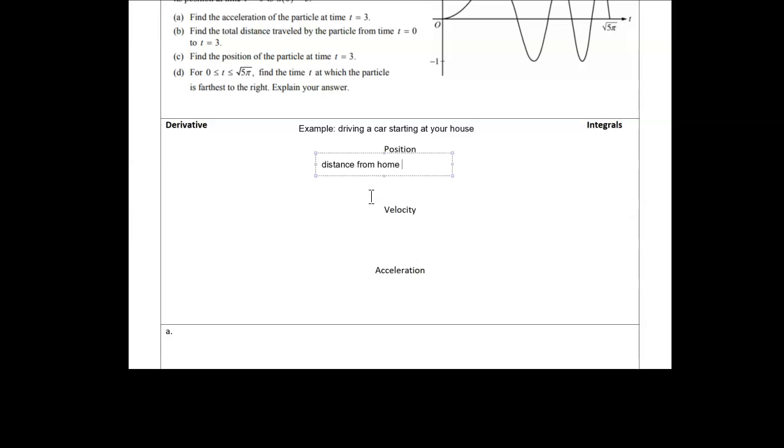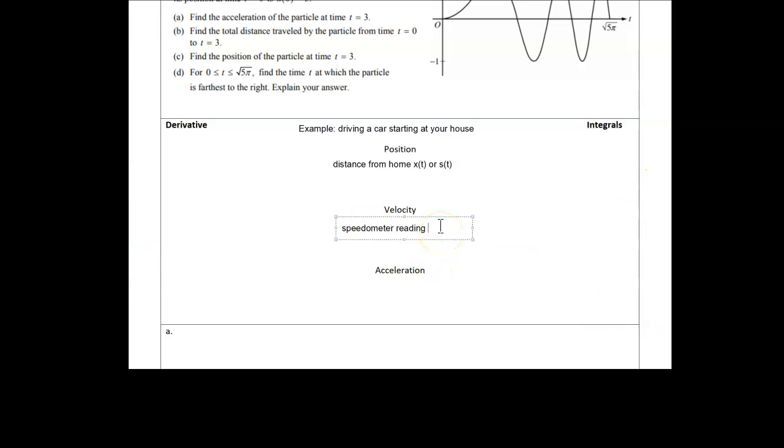So how far are we from home? How far do we drive? And that's usually written as either x of t or s of t. Your velocity is basically what your speedometer says. So the little needle points at 20 miles per hour. That is your velocity.